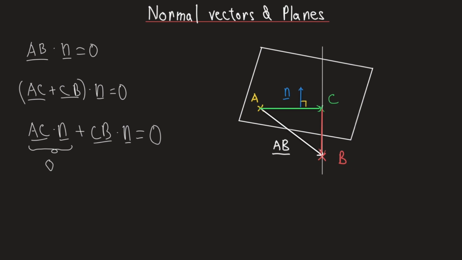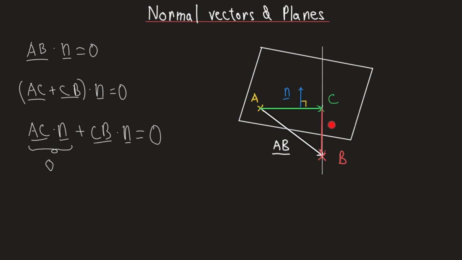there are two cases. Either CB and N are orthogonal, or CB is the 0 vector. But clearly, CB and N are not orthogonal, because remember, C is the orthogonal projection of point B onto the plane, and therefore the line CB is perpendicular to the plane.